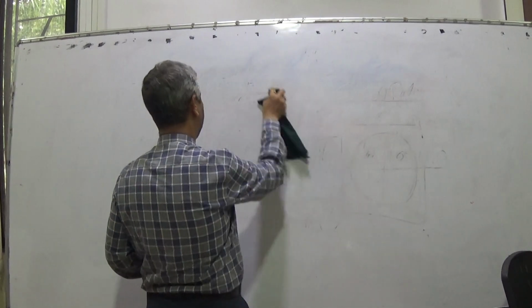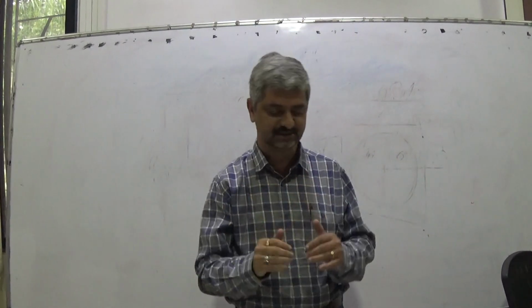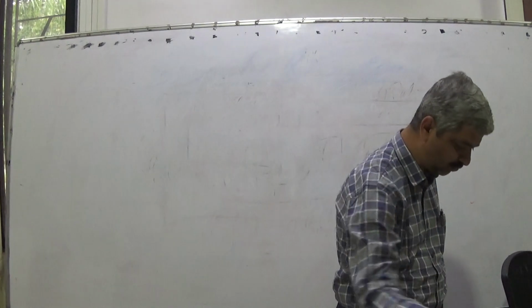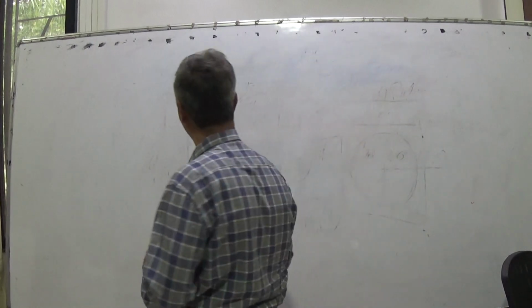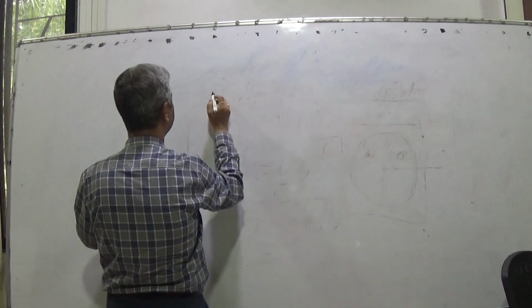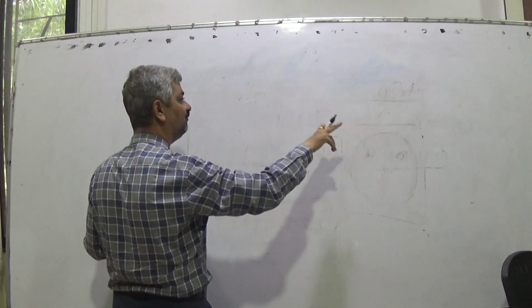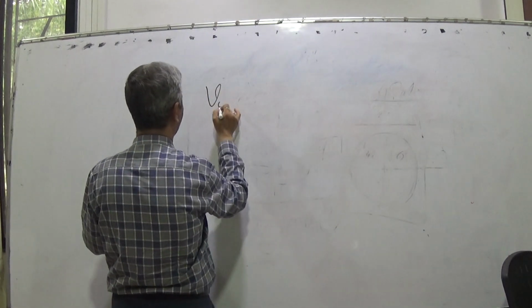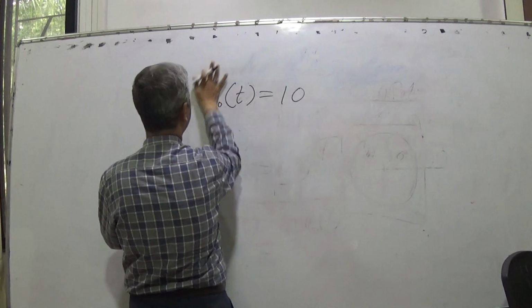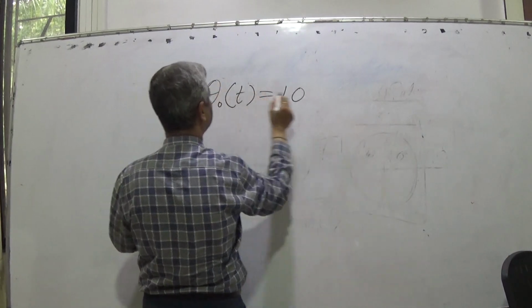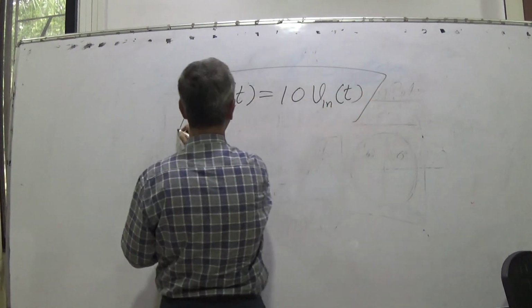So the angular position should be 10 times the voltage signal, but because of the situation which I described, even though I have adjusted my series resistance of the voltmeter such that for 4.5 volt input voltage it should give me 45 degrees deflection, and based on that I have defined the equation as theta O(t), that is the output angle, equals 10 times the input voltage, this equation is not an all-time true equation.